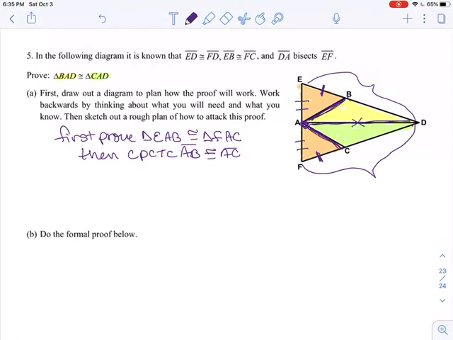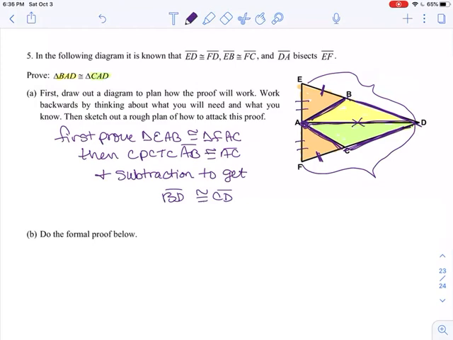And then they have the shared side, so that's easy. And then I can get this side here, BD and CD, by subtraction, because I already have the whole side and I have the lower half. Okay, so that's my plan. Subtraction to get BD congruent to CD.